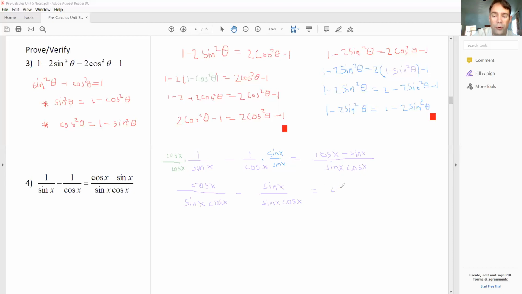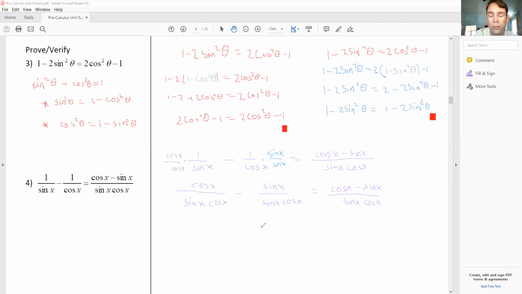And you can kind of see right now we're just about done. Notice on this one, I ended up not using a single trig identity. Sometimes all you use are trig identities. Sometimes all you use are algebraic operations, and that's okay.